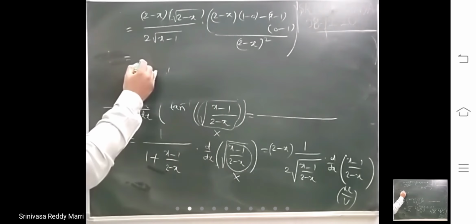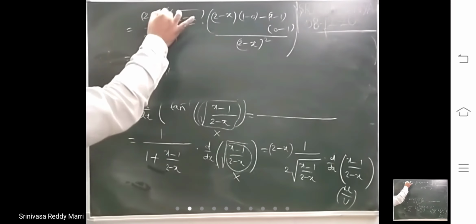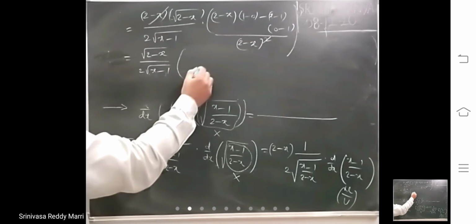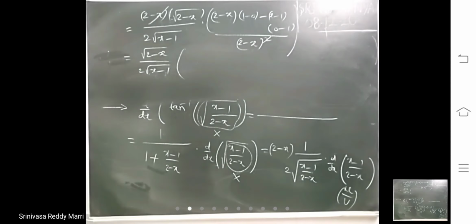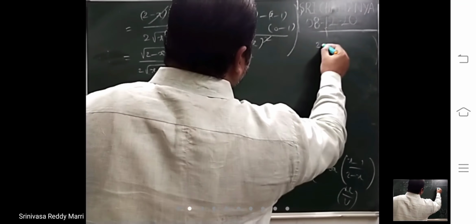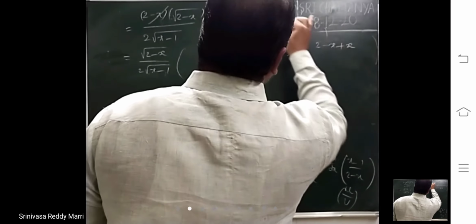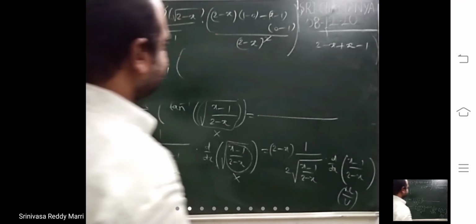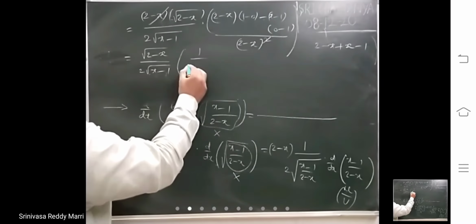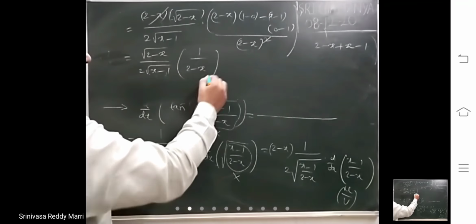So therefore, look, one 2 minus x will get cancelled here, right? So root of 2 minus x divided by 2 root x minus 1, into what you will get here: 2 minus x plus x minus 1, that is 1, so 1 divided by 2 minus x.